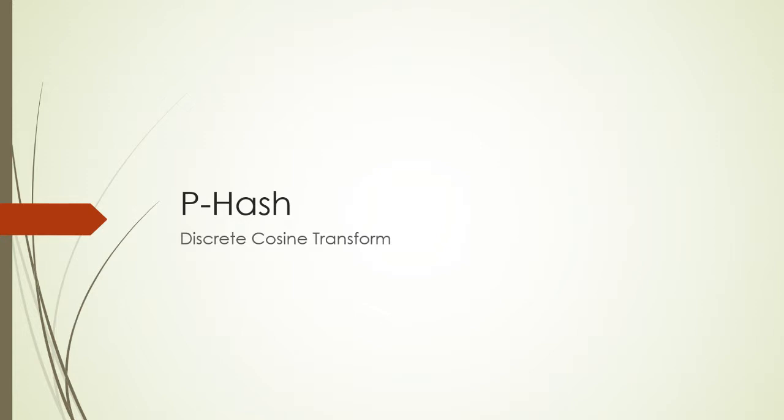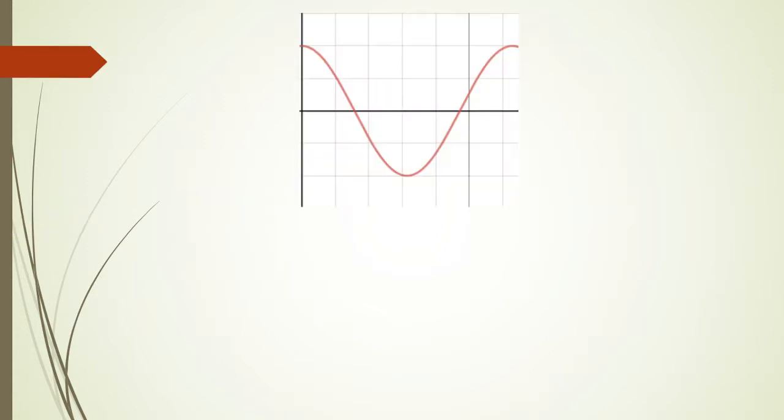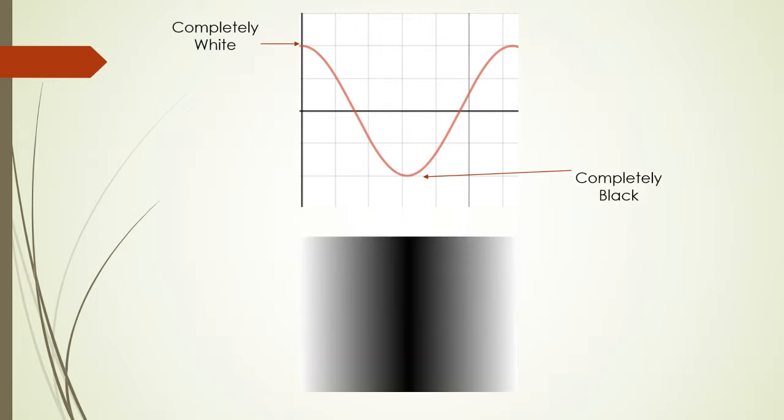The JPEG compression algorithm also uses discrete cosine transforms, which we'll see here in a bit. The theory behind discrete cosine transforms goes something like this. If you have a cosine wave, and you make the top of the wave completely white, and then you make the bottom of the wave completely black, what you get is an image that looks kind of like this.